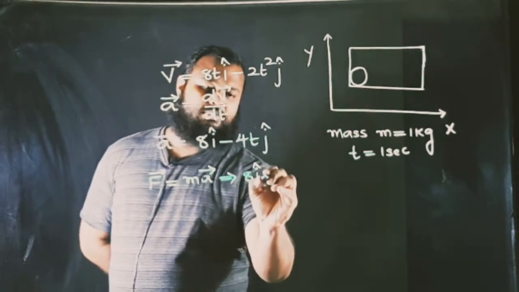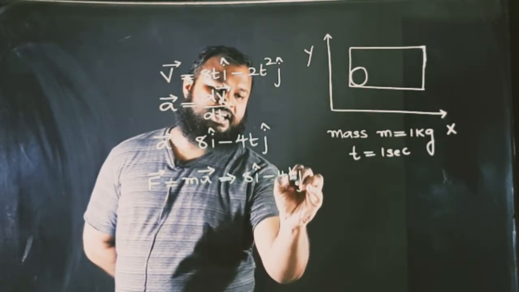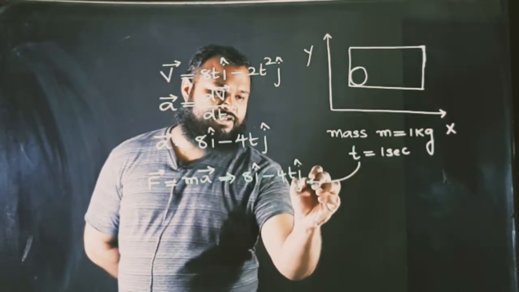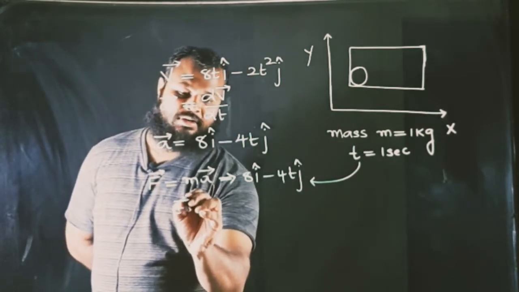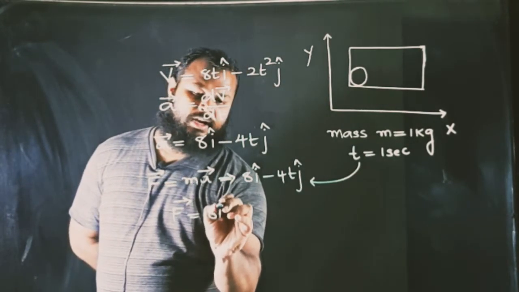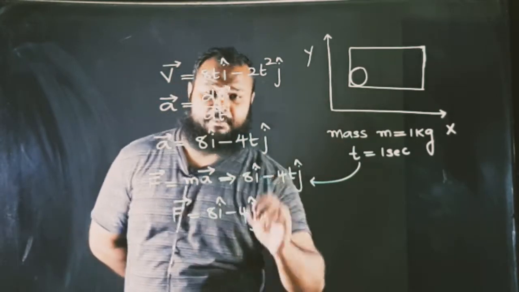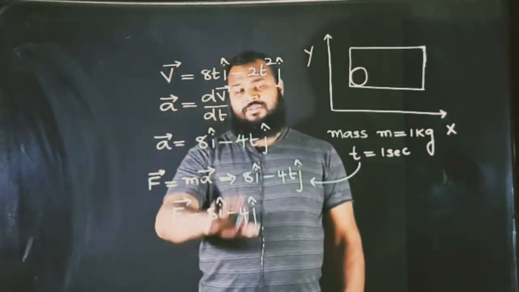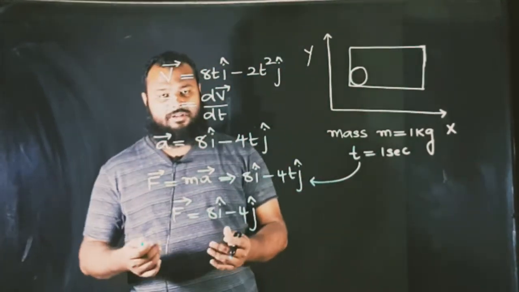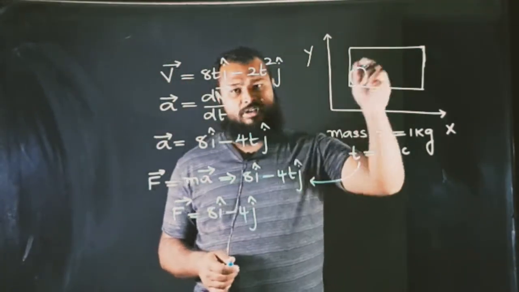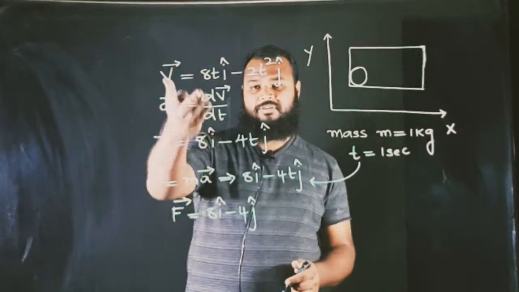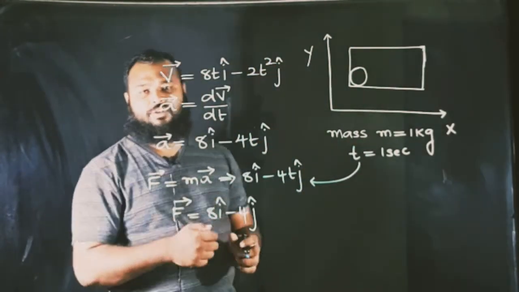So if you substitute t equal to 1, then force becomes 8i minus 4 into 1 is 4, so it becomes 4 j cap. So this is the force on the sphere, which is due to the velocity. Because velocity is variable, you differentiate, you get the acceleration, and hence you get the force.